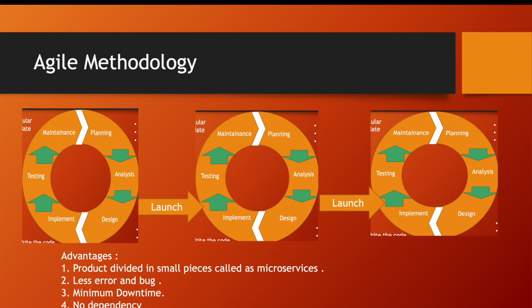Once your small feature is launched in the market, the customer will give you feedback, like if they find any bug in the software product or any enhancement they are looking for. Then in the next phase, you will start working on those enhancements or bugs. So it is a better approach than the waterfall model, as we are seeing these many advantages.